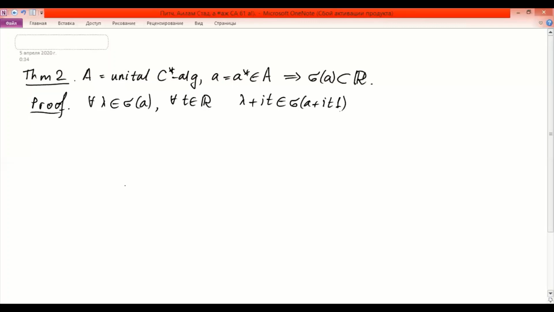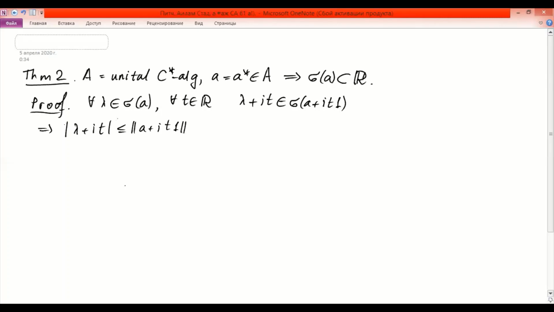So this holds by the spectral mapping theorem. This implies that the modulus of lambda plus it is less than or equal to the norm of a plus it1.